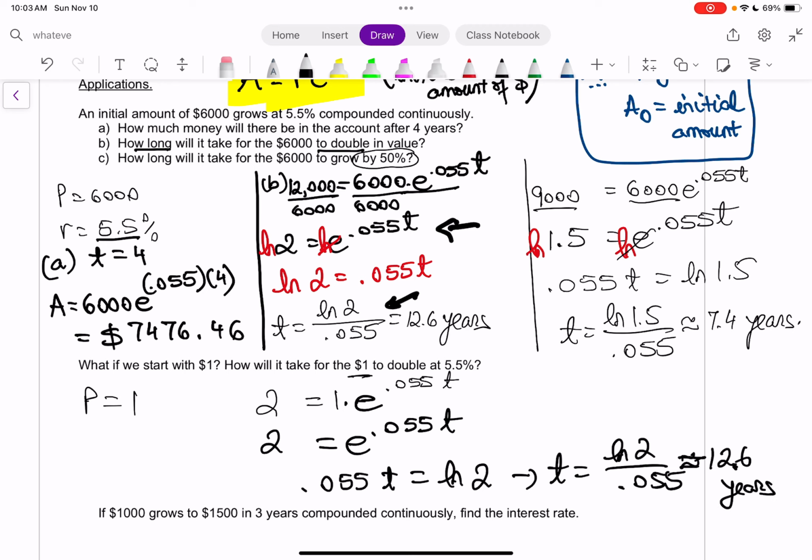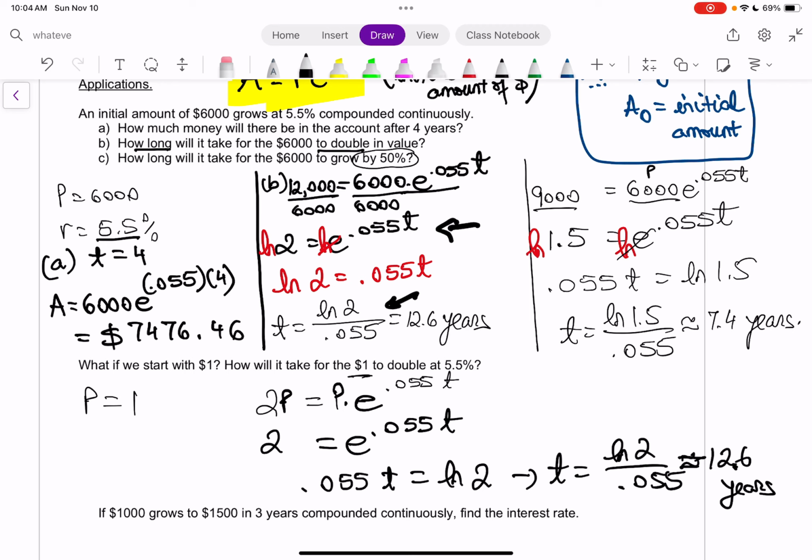But the point is that it really doesn't matter what amount of principal we're starting with. The doubling time is going to be the same, because the first step we do in this problem is divide by that P value.